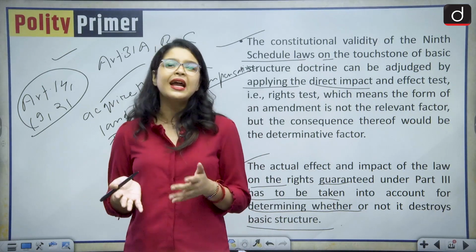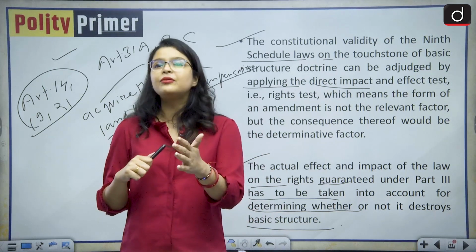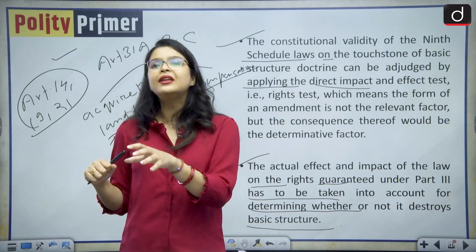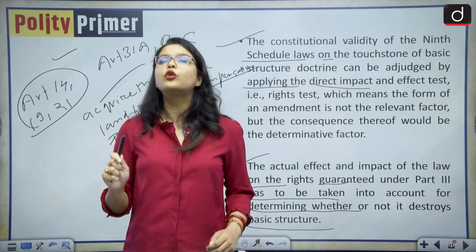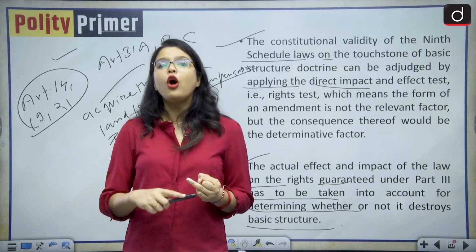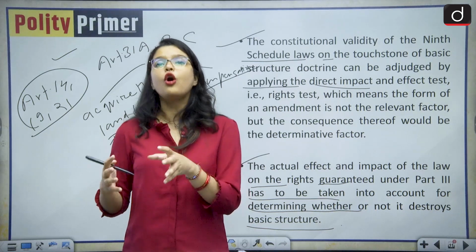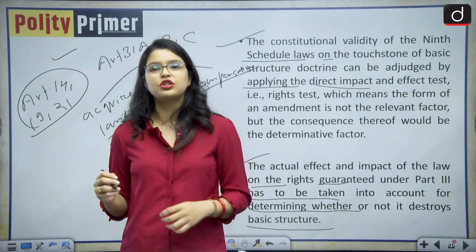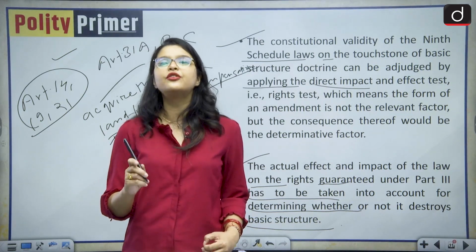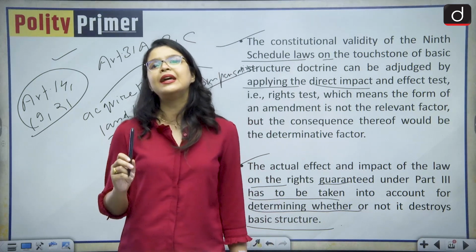So just understand simply that any law, whether you are enacting it by way of an amendment or utilizing your power under the 9th Schedule, if the Supreme Court finds that they violate the fundamental rights or the basic structure or any part of the basic structure or the foundational values of our Indian Constitution, then definitely the Supreme Court has the power of judicial review over them, and definitely they will be struck down and held invalid.